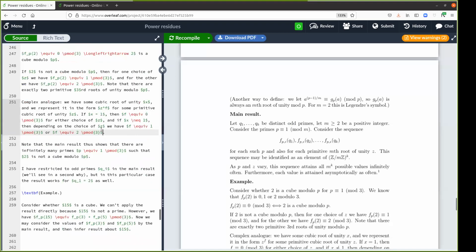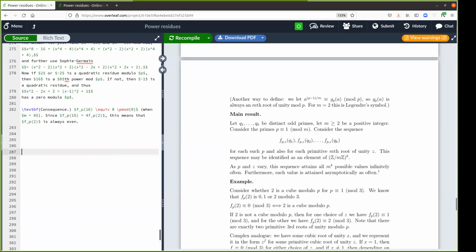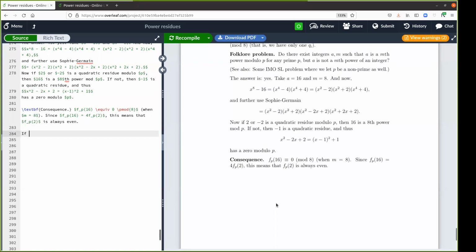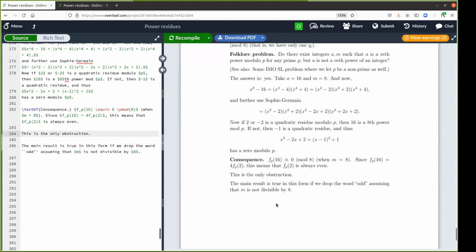But it turns out that the main result is true in this form if we drop... What I'm trying to now explain is that this is the only abstraction for the theorem to hold in general.